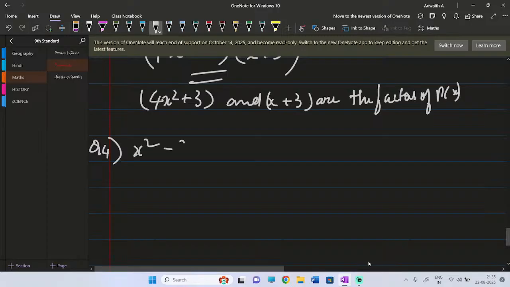x square minus 8x minus 2x plus 16. x square minus 8x minus 2x plus 16. Here I can take x as common. x minus 8 we can take.